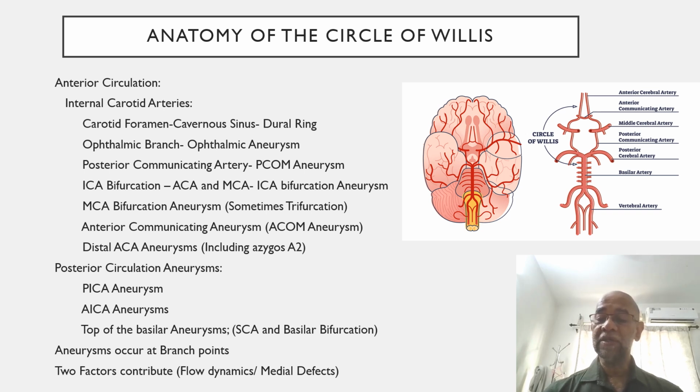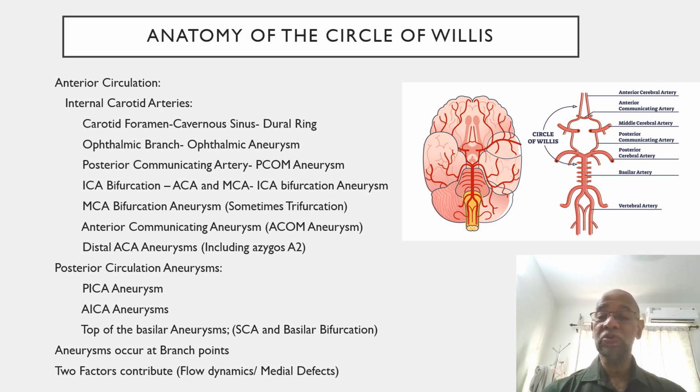The anterior cerebral arteries come together in the interhemispheric fissure region and then ascend over the corpus callosum as the A2s. And at the point where the ACA turns into the A2, or the second segment of the anterior cerebral, you have the anterior communicating artery, which connects both the ACAs together and completes the anterior part of the circle of Willis.